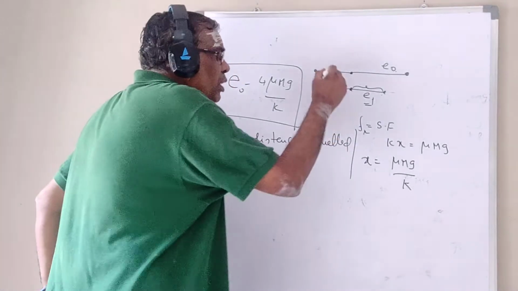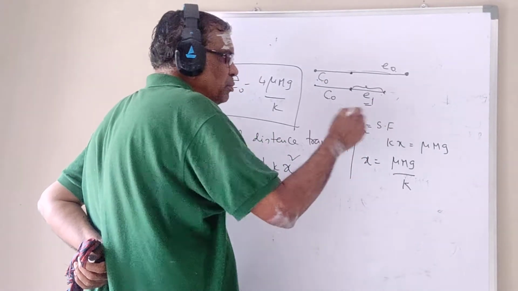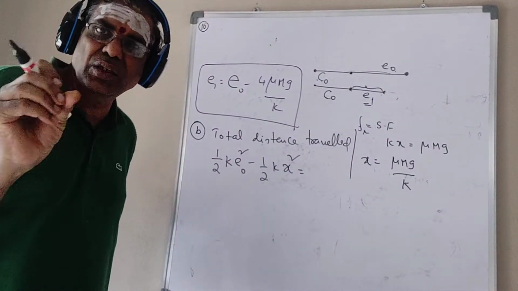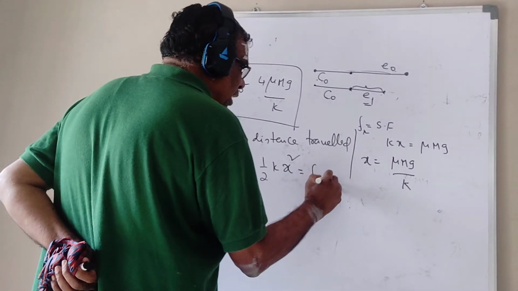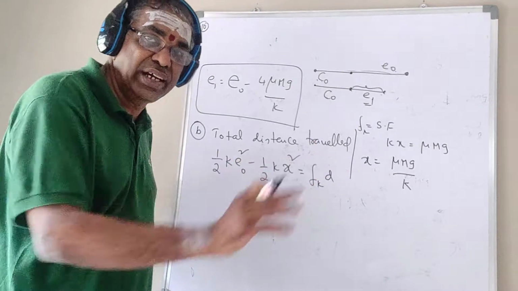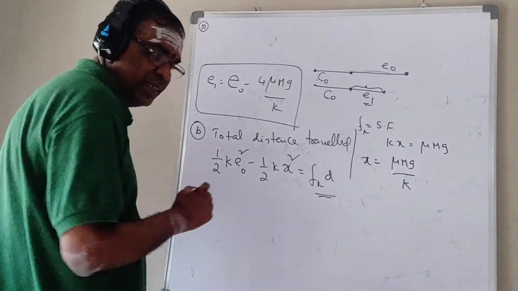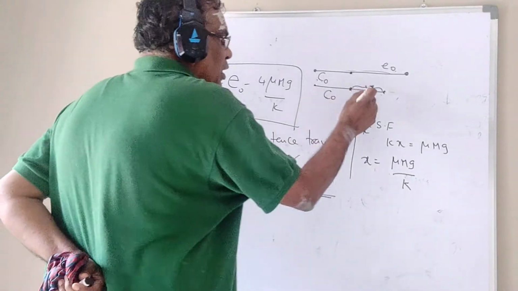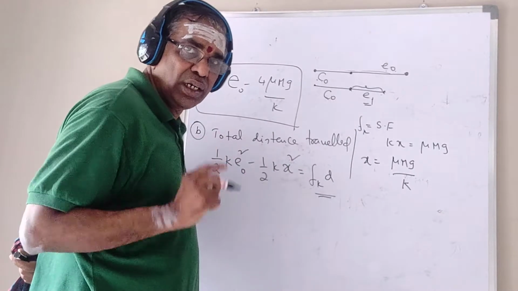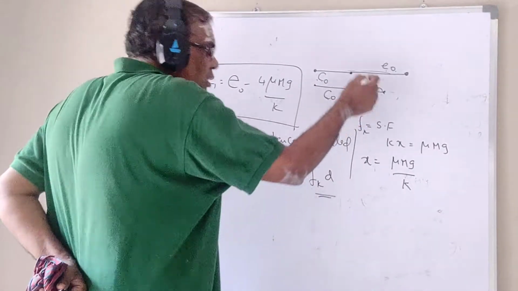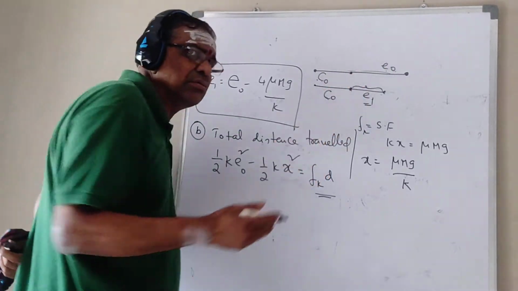So Fk into d, because the kinetic frictional force is invariant there. The total distance is E naught plus C naught plus C naught plus E1 plus so on. That is the total distance traveled: this plus this plus this. That's it.